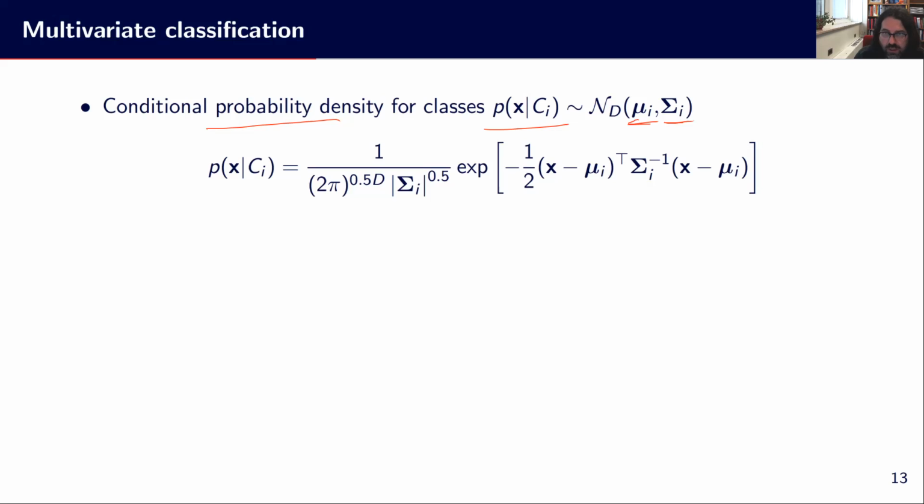So if we have three classes, we have three mu's and three big sigmas, and that is basically describing the distribution of points. So we just state that the samples from class Ci follow a normal distribution characterized by this mu i and sigma i. And the equation here is giving us this probability density.